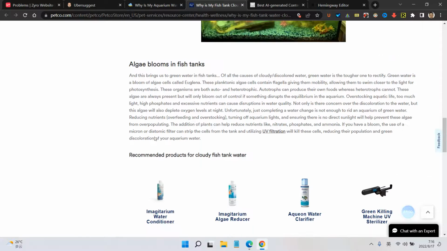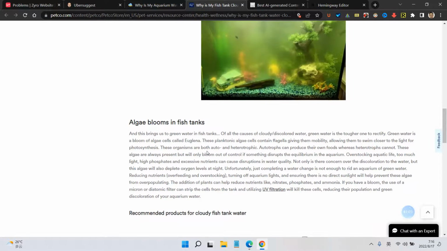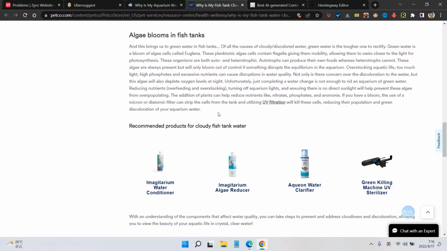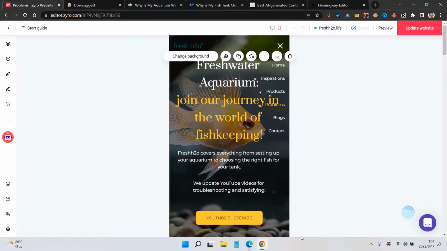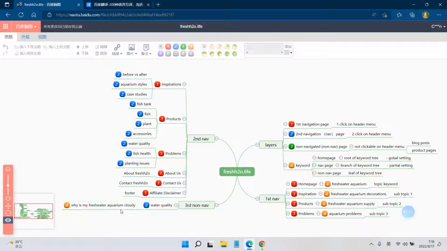And for the problem-solving part, we can use a video to show people how to solve it: on the first day it's cloudy, and on the second day it's not that cloudy, and then the problem is solved, and the fish is happy. Okay, something like that. Yeah, this will be my strategy, my keywords, my content to be written. Something like this. And then I make links to these water quality pages, maybe a link to the product pages.